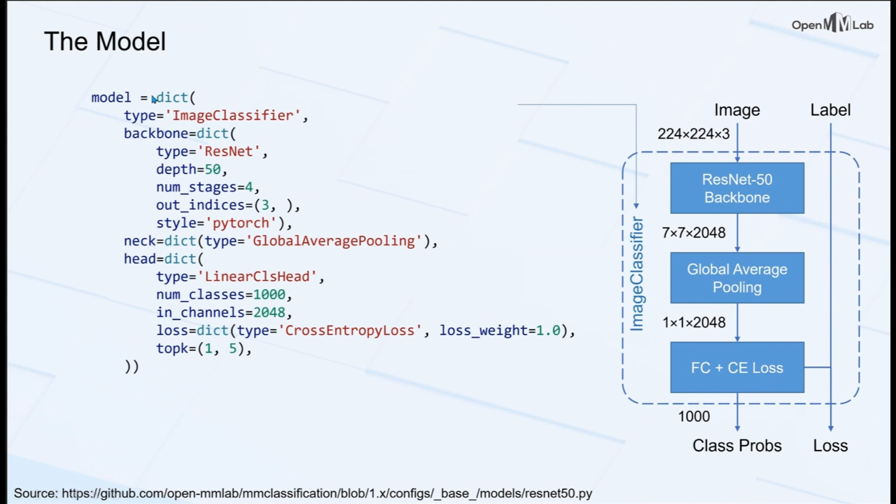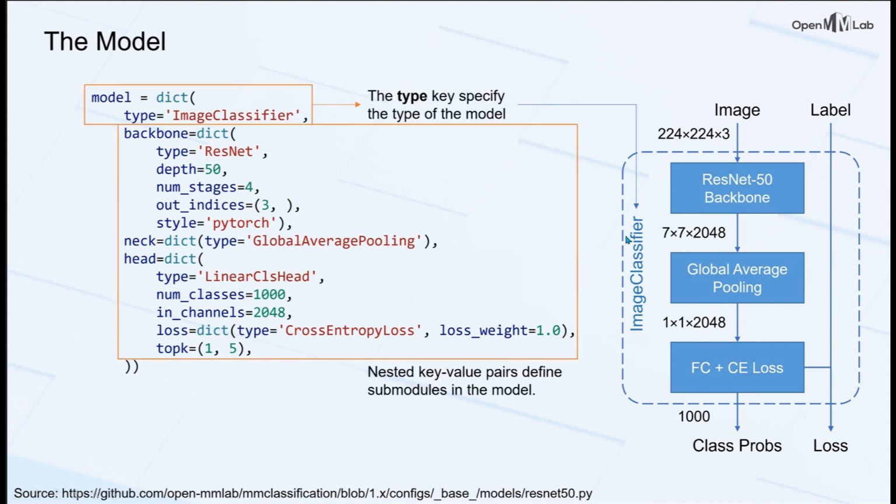The model config also contains some nested key value pairs, which define the submodules of the model. In this example, the image classifier consists of a ResNet 50 module as the backbone, a global average pooling module as the neck, and a linear layer with cross entropy loss as the classification head. So this is the model part.